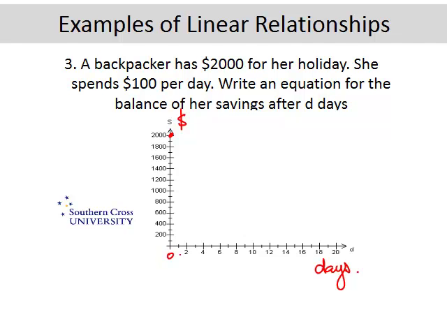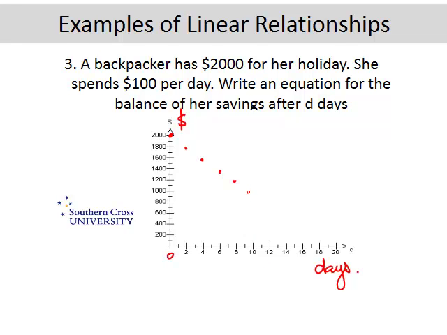Let's go 2 days at a time. So that's $200, so that will be $1,800. Another 2 days will be $1,600. And after another 2 days, $1,400 and $1,200. And after 10 days, she'll be down to $1,000.